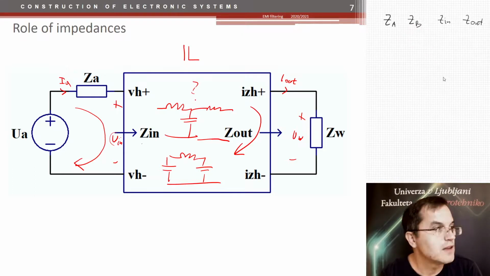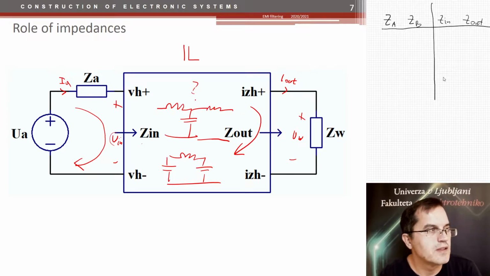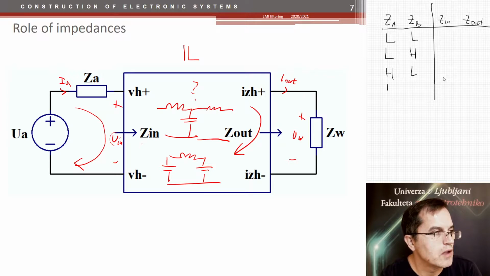And now I will make a truth table. So if both impedances are low, and then we have one low, one high, one high, one low, and then we have high, high. And let me make these red so that they are distinguished.